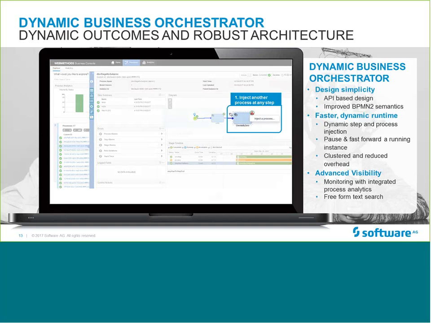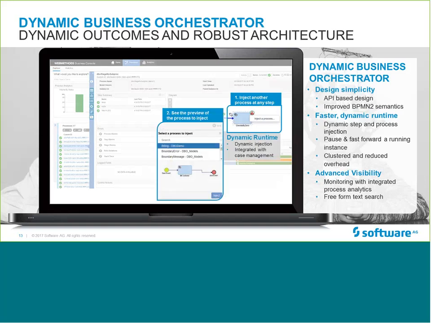It's faster and has dynamic runtimes, with lots of step injections, meaning you can create your business logic left to right, but if you want to change the flow at runtime, on the fly, you should be able to do that, provided you have the rights to do that. We have introduced such a capability, which you will see in action in a minute. Ability to pause and fast forward a process. If you think there are certain steps where you want to accelerate the process, you should be able to do that.